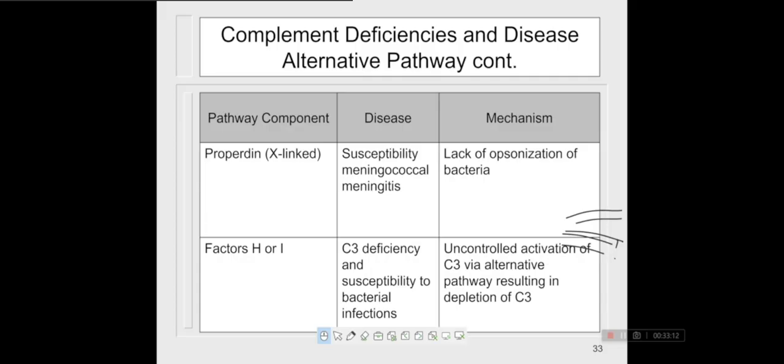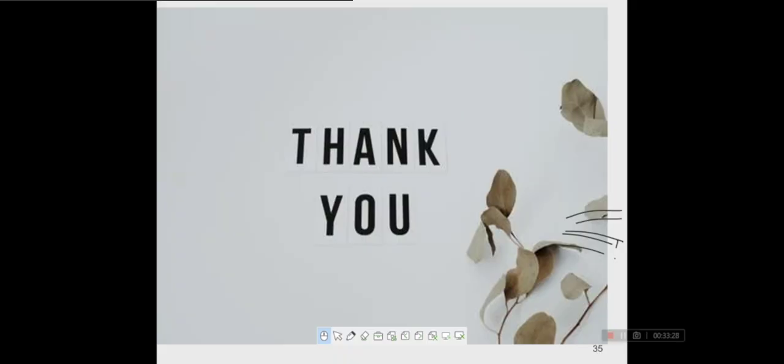So these are all the deficiencies, the diseases with deficiency of the complement system in the alternative pathway, classical pathway, and lectin binding pathway. Clear? So this is all about the complement system. Today we stop here. Hope you understand all three pathways.